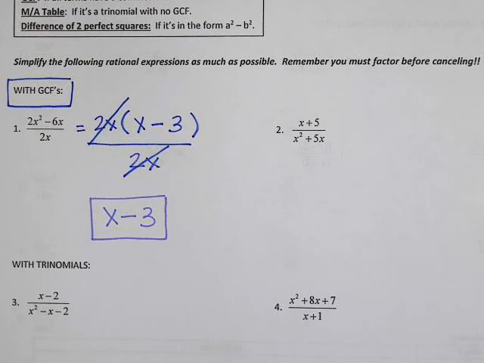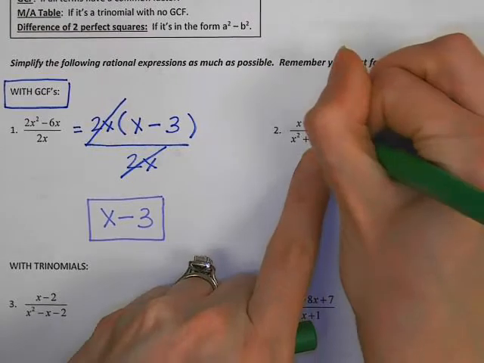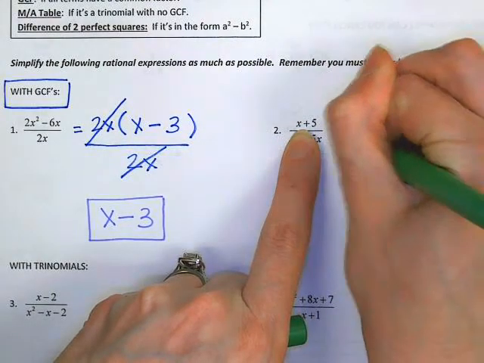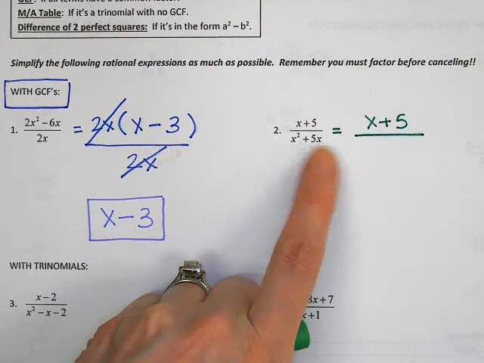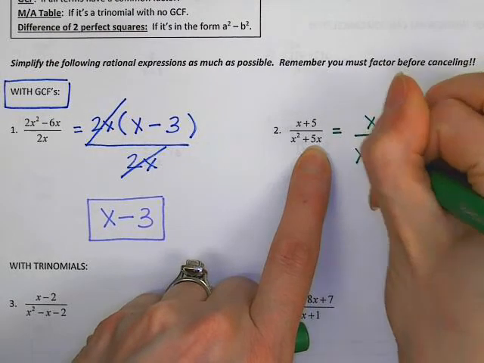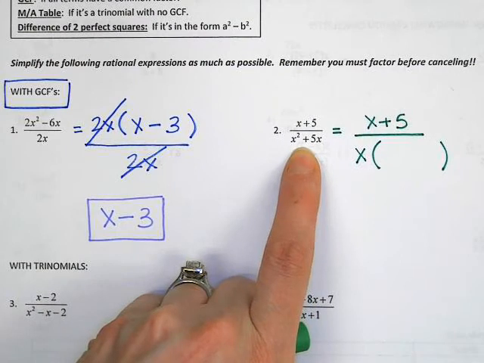All right, let's try one more of those, number 2. X plus 5 on top, there's nothing to do, so I'm going to recopy it. But in the denominator, these guys have something in common. We can divide out a 1x. And then if you divide both of these by 1x, what's left?